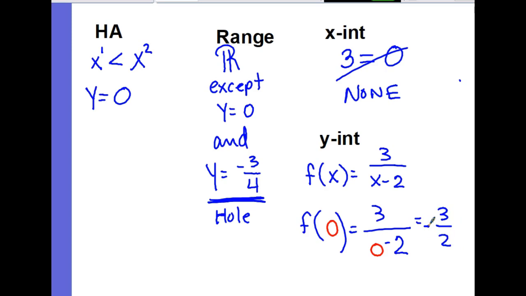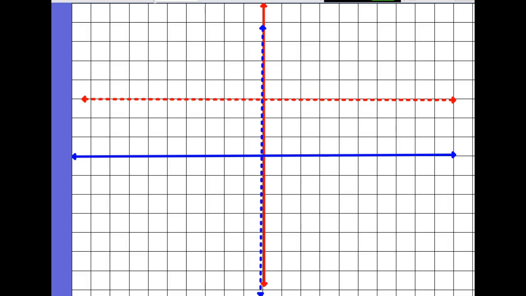Now, it's going to be probably easier to figure out where it goes on the graph if we put it in a decimal form. And so that's the decimal form. Take all of this stuff, put it on the graph. It's going to have a vertical asymptote at 2. I think I've got my verticals and horizontals mixed up.